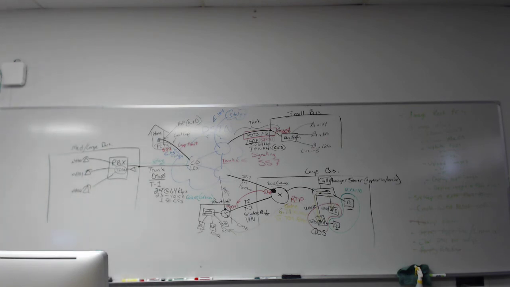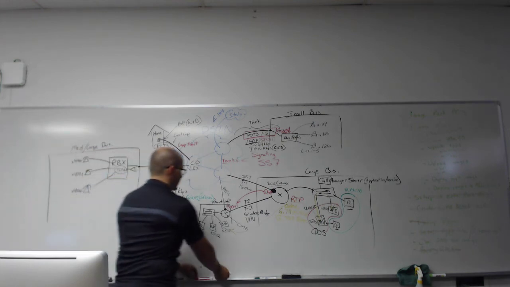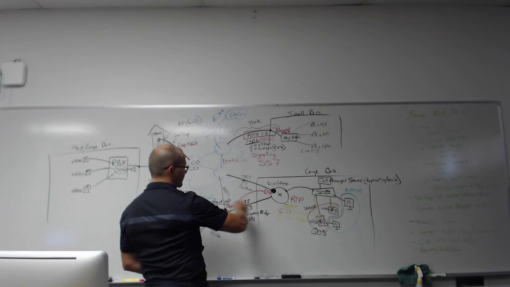SS7, Signaling System 7, is used between phone companies to route calls and information about the call, like caller ID. And then we go to ground start. We've talked about that one. RTCP, protocol to provide statistical and control information for voice calls. RTCP, more information that's getting passed back and forth between these.